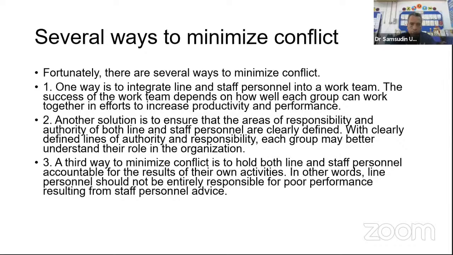And third, a way to minimize the conflict is to hold both line and staff personnel accountable for the results of their own activities. In other words, line personnel should not be entirely responsible for poor performance resulting from staff personnel activities.